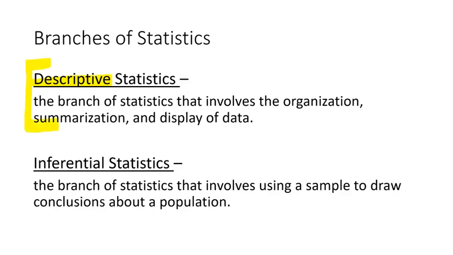This is when I'm describing something that already exists. However, I can then turn around and use that to make an inferential guess. When I use those descriptive statistics to draw a conclusion, to apply that data and draw a conclusion about something else, that is when I am using inferential statistics.